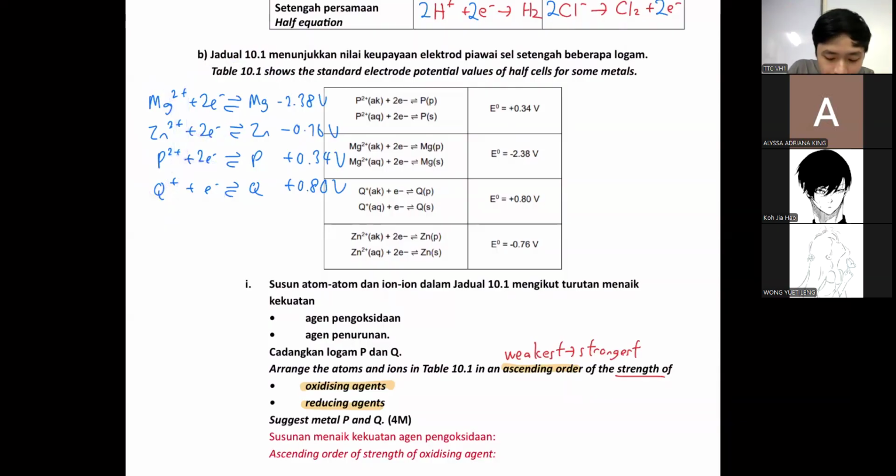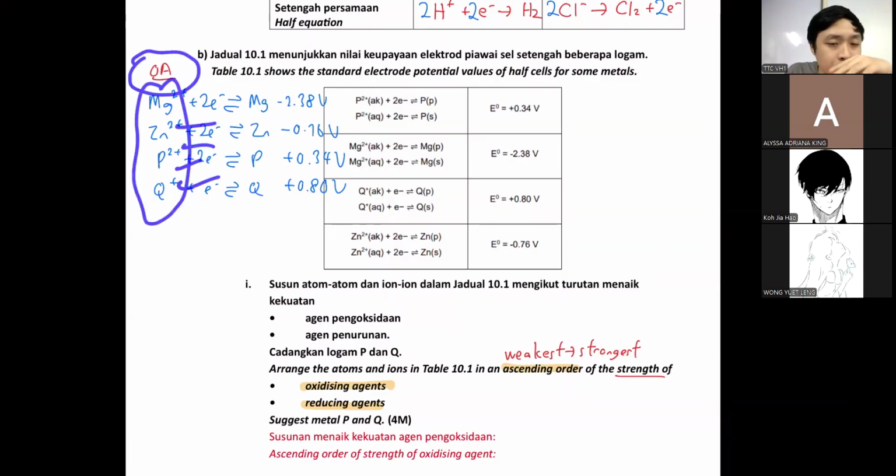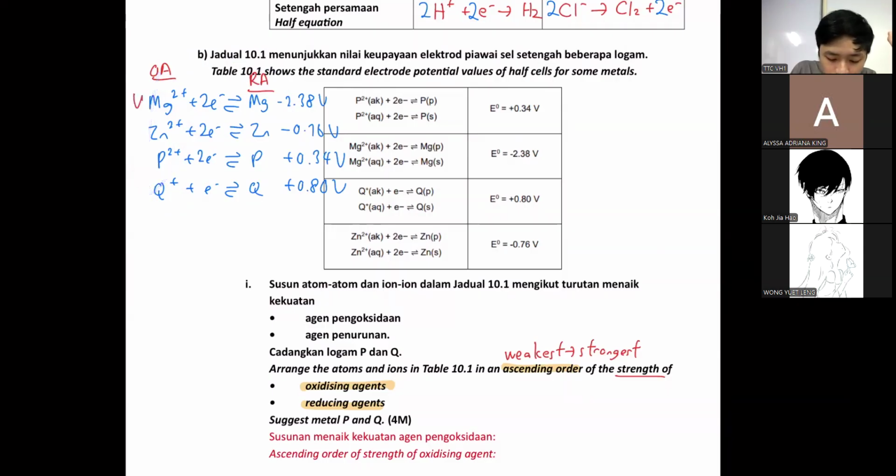So the left side means oxidizing agent, which undergoes reduction, and the right side is the reducing agent. How do we arrange? Weak to strong for the left side, and the right side is just the reverse direction: weak, strong, strong, weak. The left side is top to bottom, the right side is bottom to top.